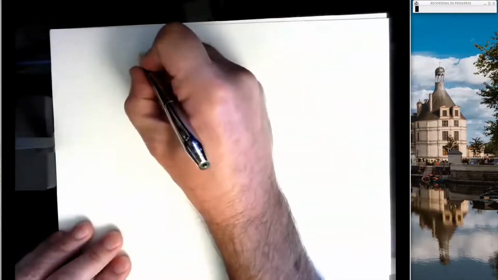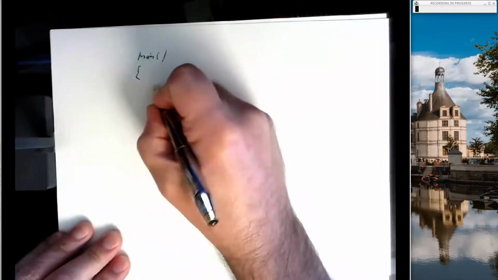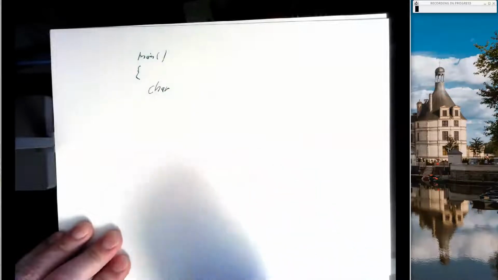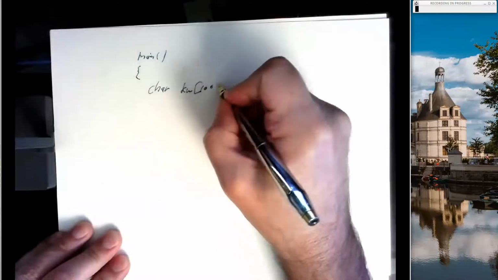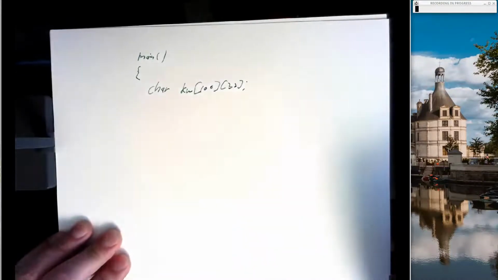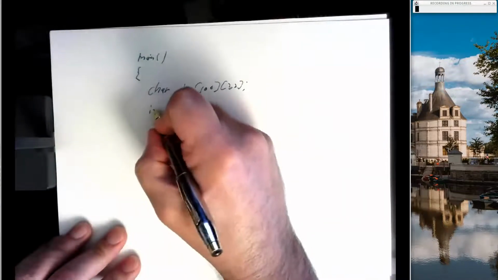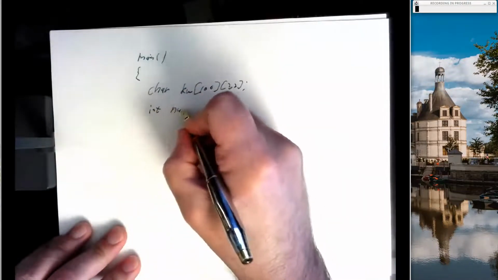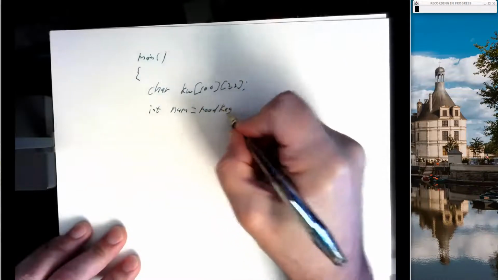So you could write a main program and make yourself a keyword file, a keyword array. And then you could do something like, integer num equals read keywords.